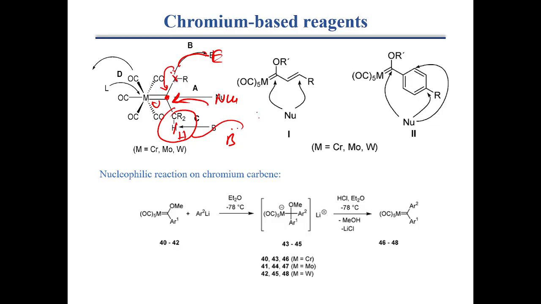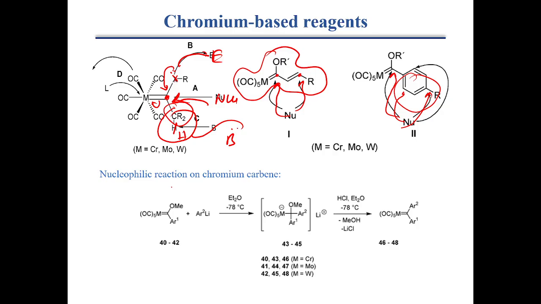If we consider this allyl chromium complex, nucleophilic attack is possible here and here. If we treat it with a nucleophile, it can attack either in 1,4 fashion or directly in 1,2 fashion. Or if this carbon is an aryl group, the nucleophile can attack at the para position and ortho position, and directly at the chromium center.